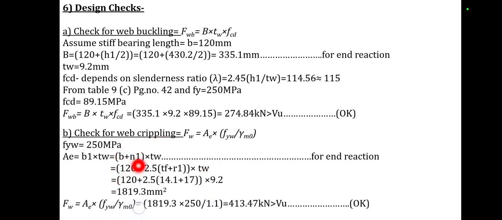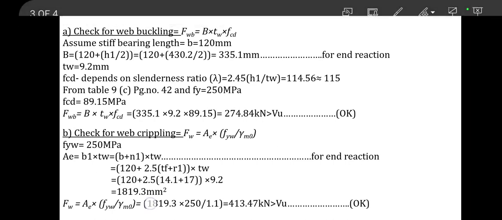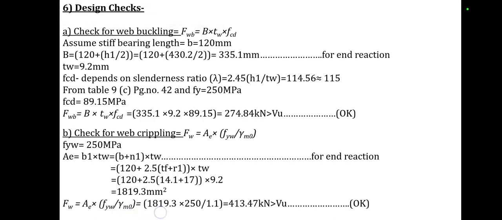After substituting these values in the formula, we get the value of AE as 1819.3 mm square. Then FW, the force for web crippling, is equal to AE into FYW divided by gamma m0.